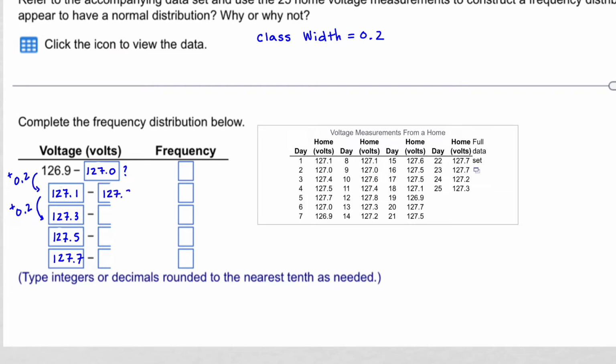So 127.2, 127.4, and I just keep adding 0.2. So this way we don't have any overlap between the classes. So we have 126.9 and 127.0 in the first class, and then 127.1 and 127.2 in the second class, and so on.